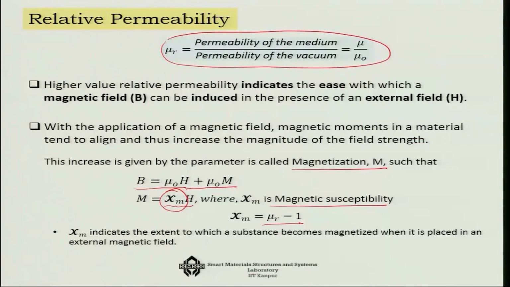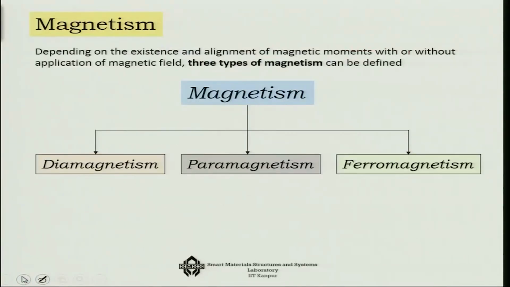Essentially the property remains the relative permeability, because kappa also depends on the same. This is how the magnetic field and the magnetic flux density are related to each other.